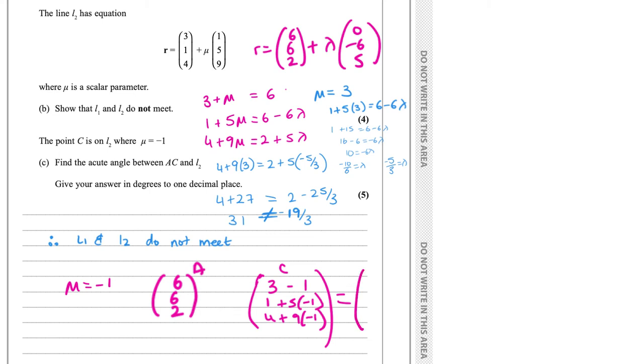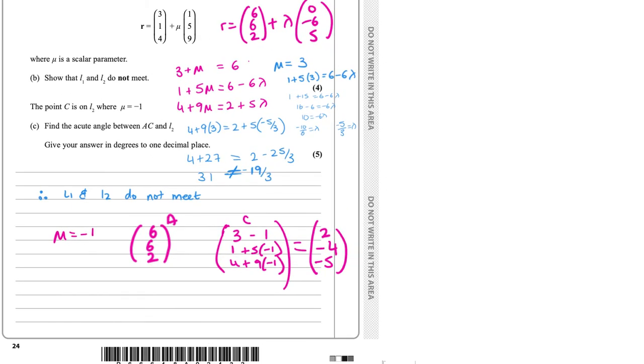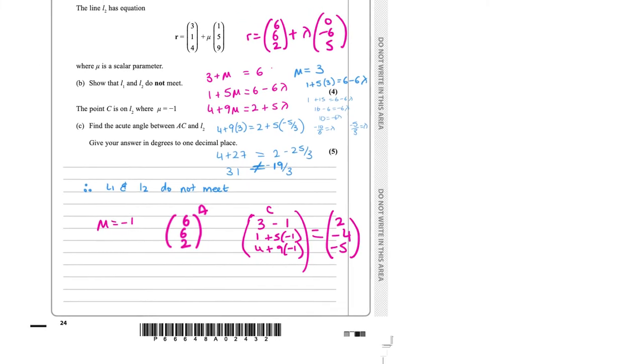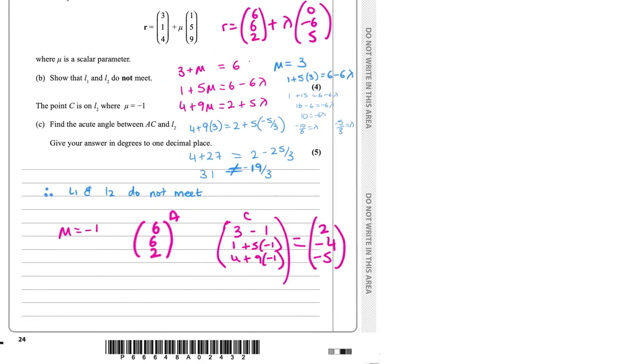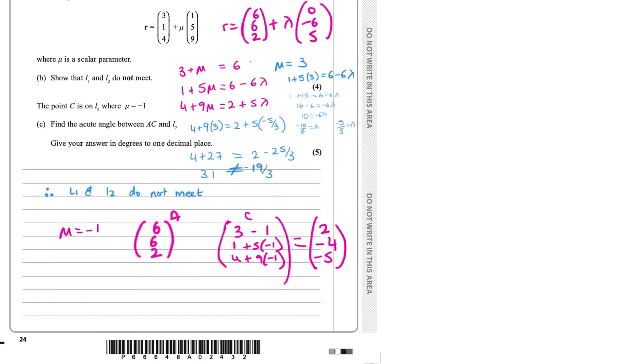So I'm going to have 2, 1 minus 5 is minus 4, 4 minus 9 is minus 5. Someone check that, please. Perfect. Right, so find the acute angle between the line AC and L2. So how do we find the angle?